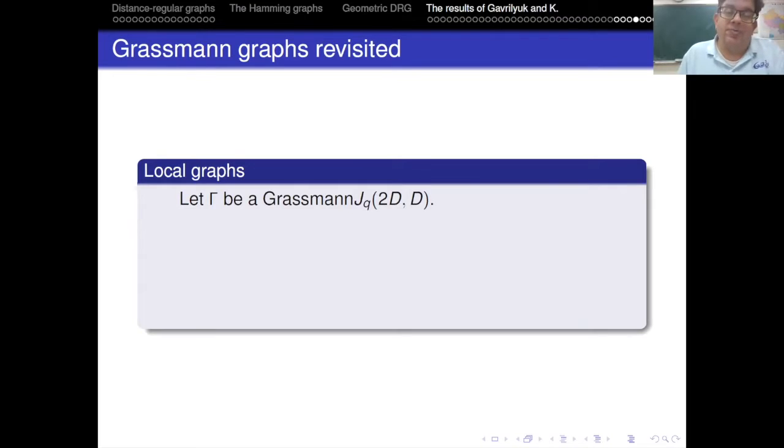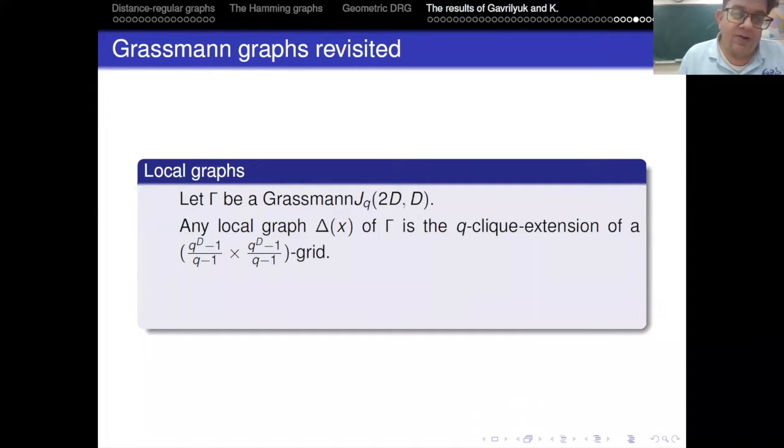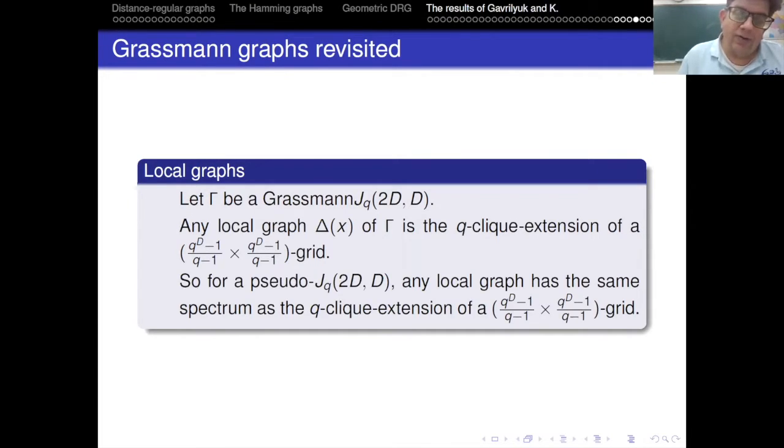Now let gamma be a Grassmann graph J_q(2d, d). Then any local graph, delta x of gamma, is a q-clique extension of the square grid, (q to the power d minus 1 over q minus 1) times (q to the power d minus 1 over q minus 1). And we know that the local spectra depend only on the parameters.